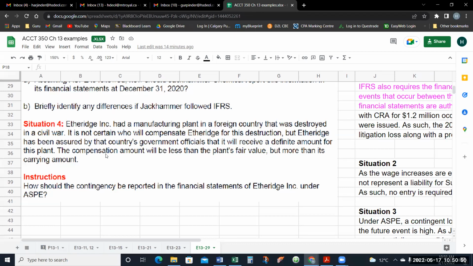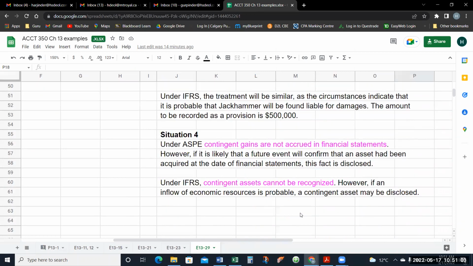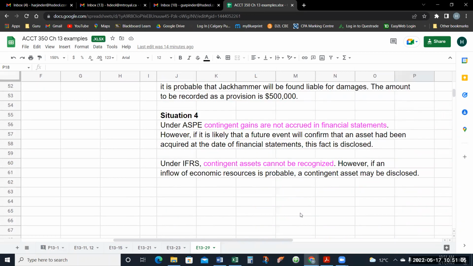So the question here is, should Etheridge record a contingent gain on the destruction of its plant? And the answer under both IFRS and ASPE is a resounding no.